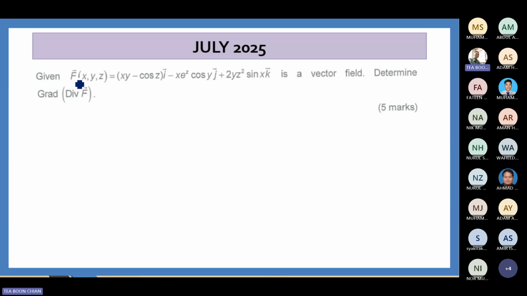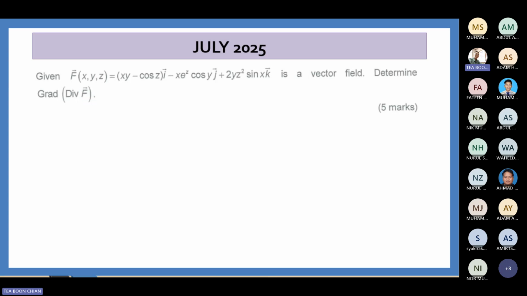Given function f in x, y, z, 3-dimension: xy minus cos z i, minus x exponent z cos y j, plus 2yz squared sine x k. This is a vector field. Question: determine gradient of divergence f.